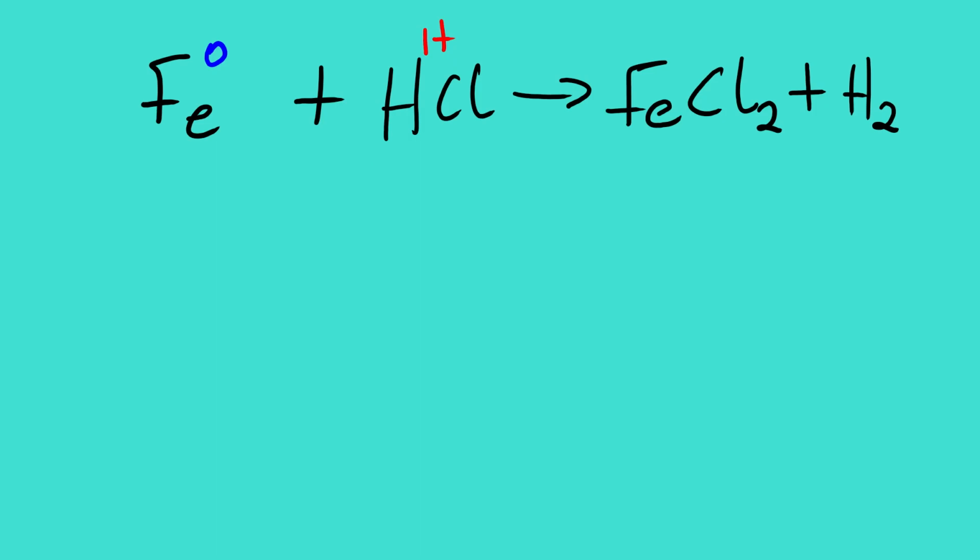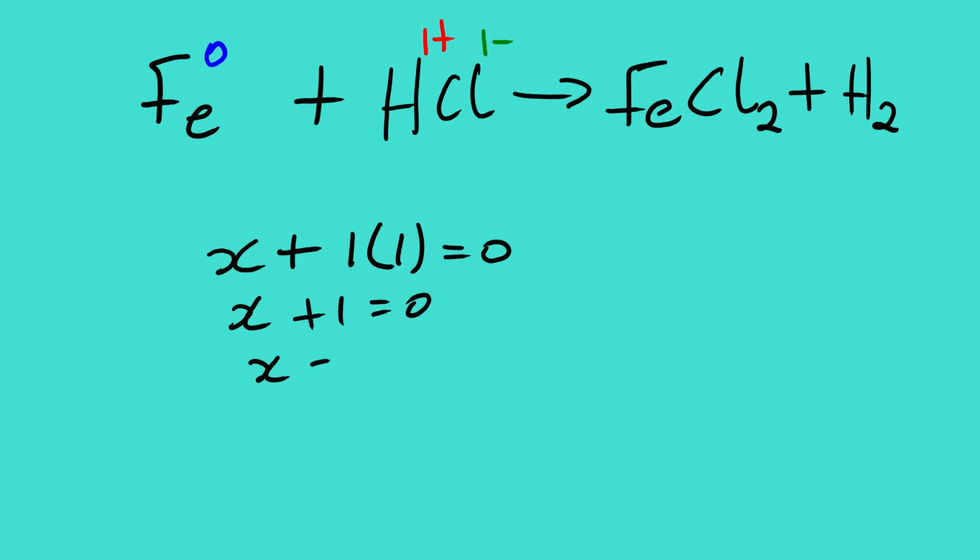The oxidation number of chlorine will be 1-. In order for the overall oxidation number to be 0, we can quickly calculate this. X is for chlorine plus 1 atom of hydrogen, 1+, is equal to 0. So we have X plus 1 is equal to 0, X is equal to -1.